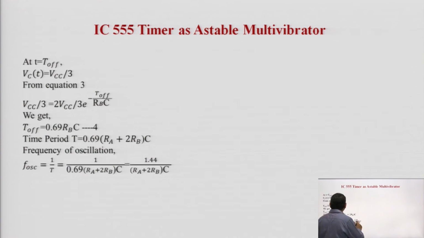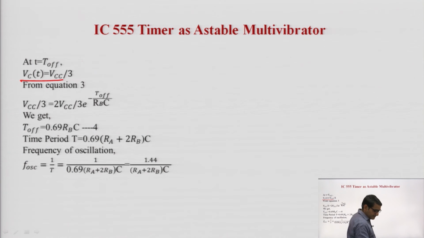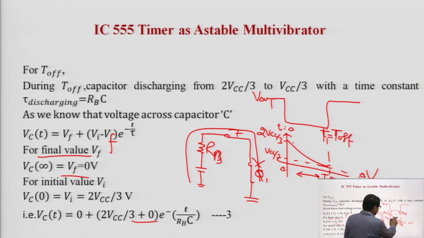At t equal to t off, Vct equals Vcc by 3.